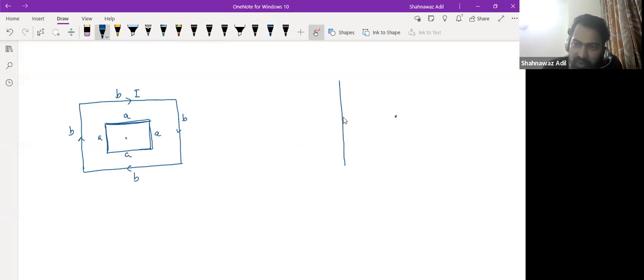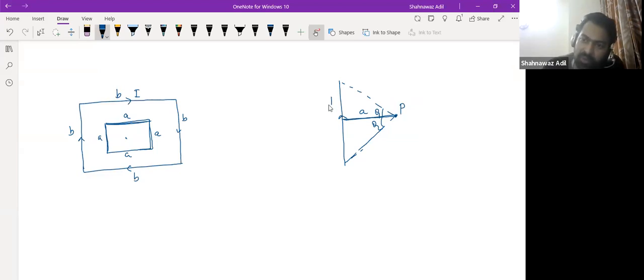Let's say, what is the magnetic field of a finite wire at a distance A from it? Can you tell me? At this point, you are calculating the magnetic field.